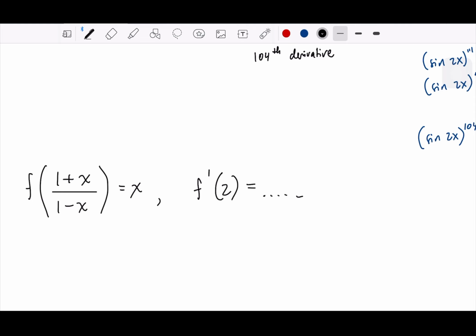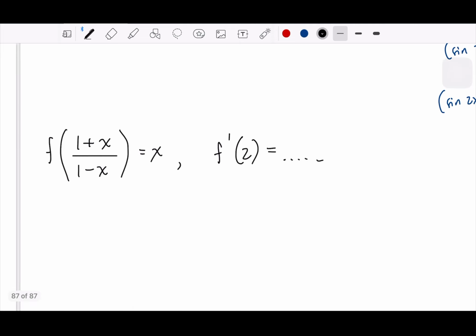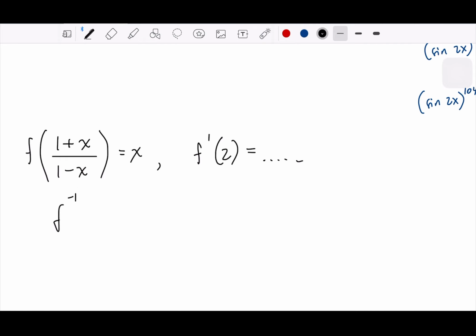The idea how to solve? The keyword to solve this is inverse. So we can connect this with inverse. We are going to exchange this part to x with inverse, so we are going to write down that the inverse is equal to this.